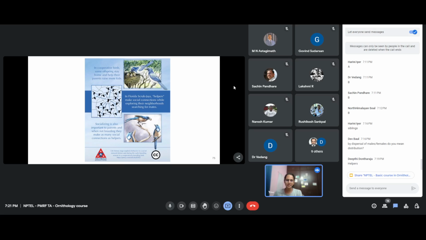Natal territory is basically the territory or nest where she is born. She disperses a larger distance from there and sets up a nest of her own. Males, male helpers in this case, form territories that are adjacent to the natal territory. Why this happens, I'm not sure, but that is the normal trend.